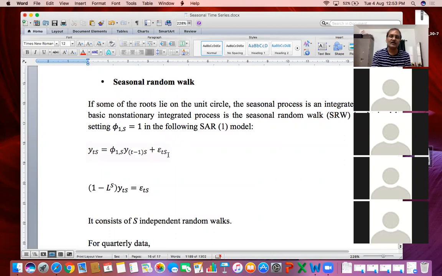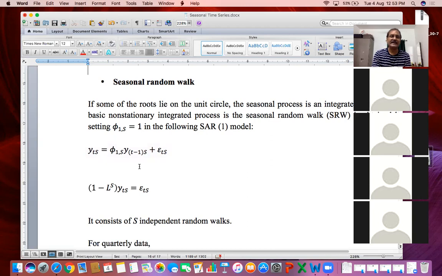And we have shown earlier, when phi_1 is less than 1, Y_ts will be stationary. Okay. Now we are looking at what will be the behavior of Y_ts when phi_1s is equal to 1. If phi_1s is equal to 1, the behavior of Y_ts will be different.